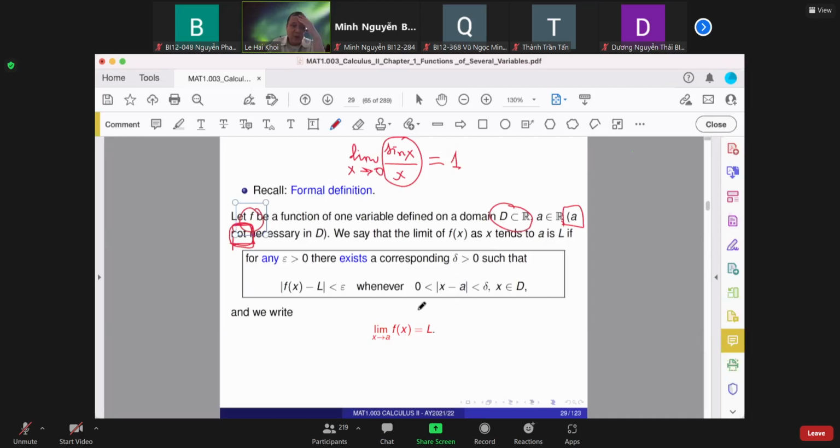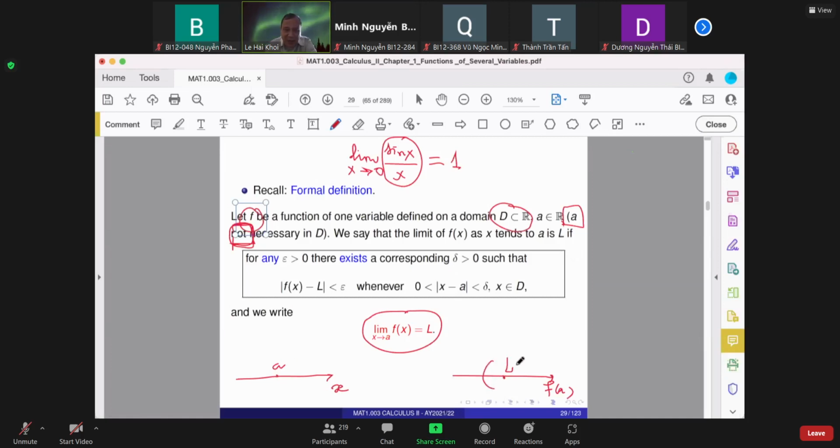Then we say that f(x) has the limit L as x tends to A if, so now you see, this is x, this is f(x), this is L, and this is A. What's the meaning?